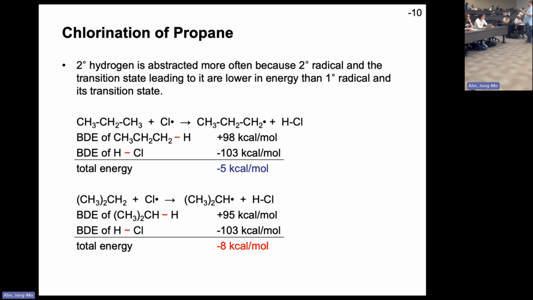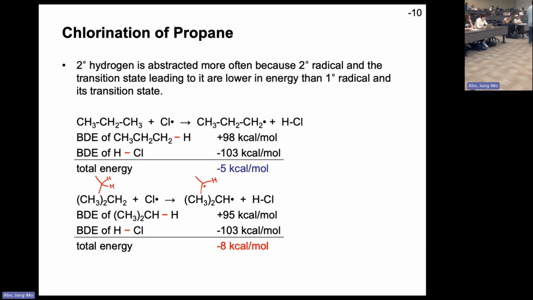This is the first propagation step of the chlorine radical picking up the hydrogen from the number one position. This is the first propagation step of picking up the hydrogen from the second position. That type of condensed formula is hard to read. It's the hydrogen on the secondary carbon that becomes a secondary radical. That's what it is.